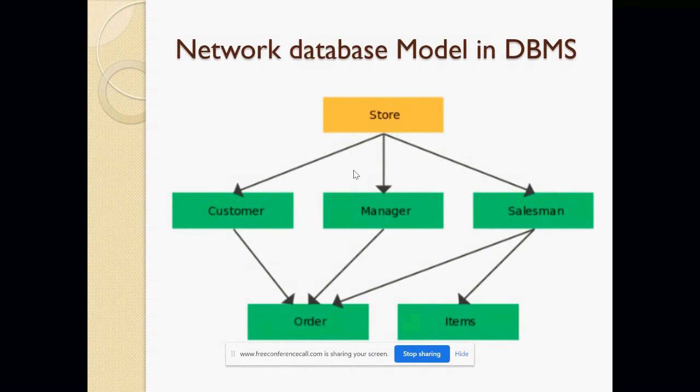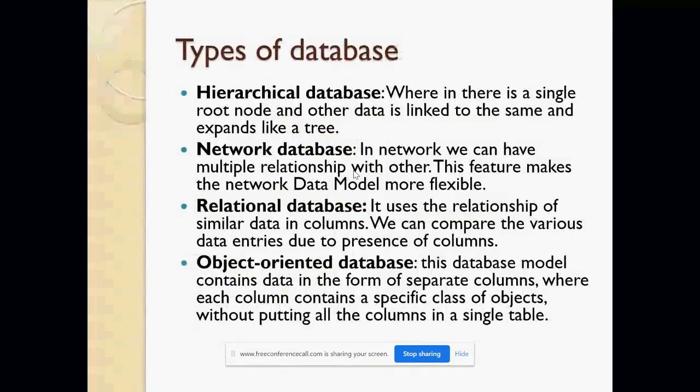Similarly with the items also. The items list is given, so customer, manager, salesman are related to each other. So it is making a network, and it is increasing the flexibility of storing these information pieces in a more flexible arrangement. So this is the network database model in database management system.